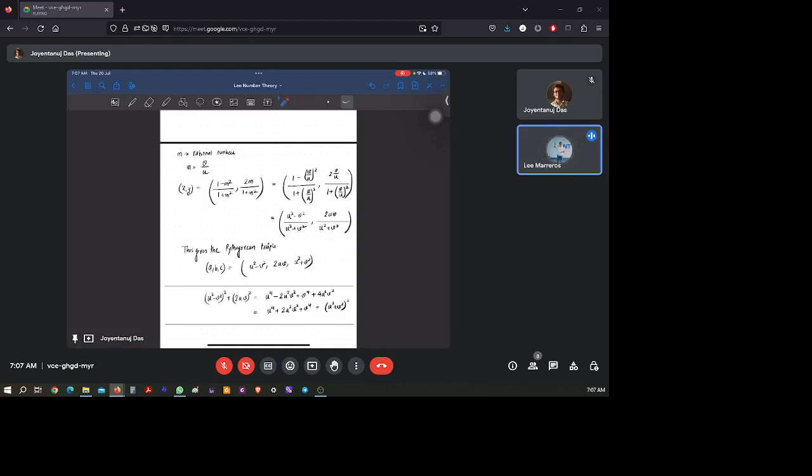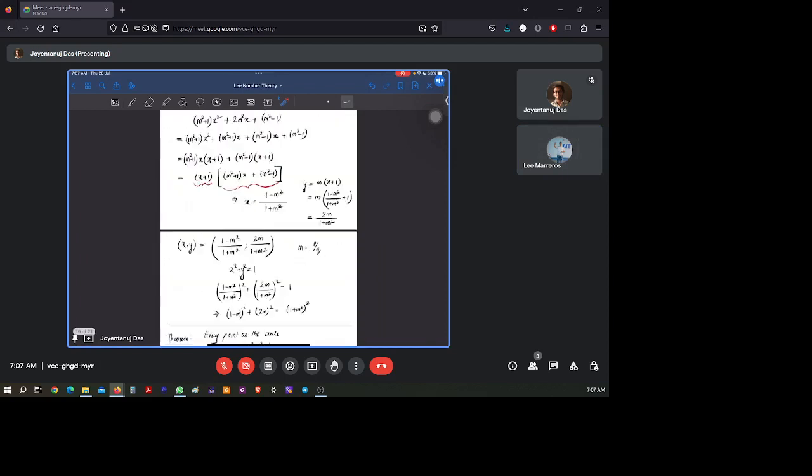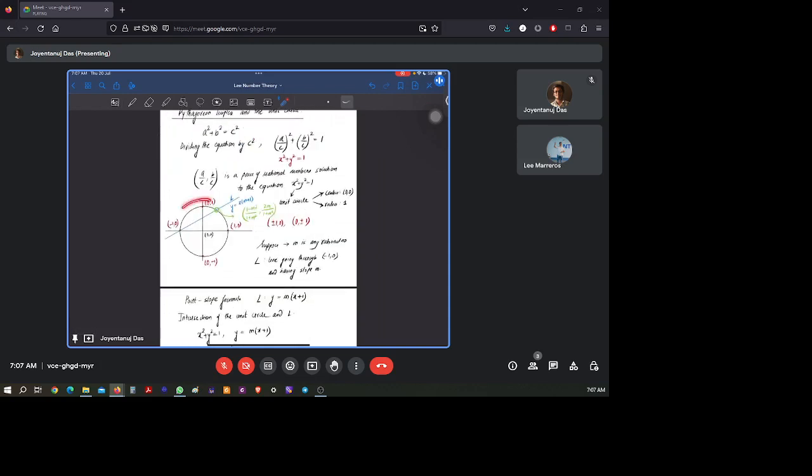That is in order to express it in u and v. But why do you want to express it in u and v? The idea is, what was the starting point? The starting point was my unit circle. From the point -1, 0, I am drawing a line L that has slope m, where m is any rational number.